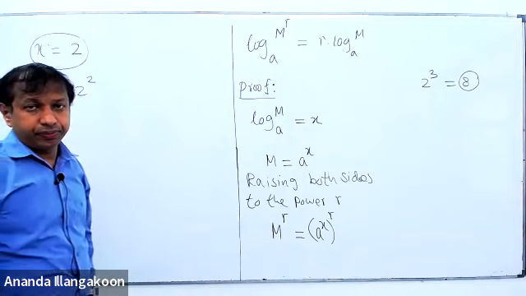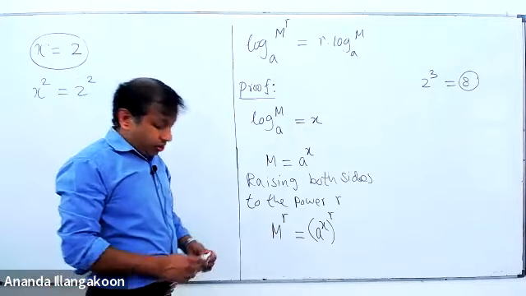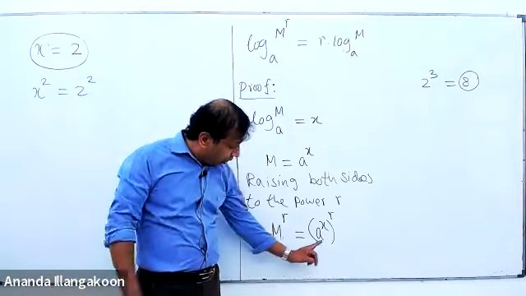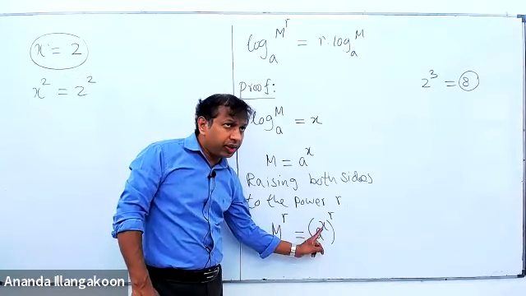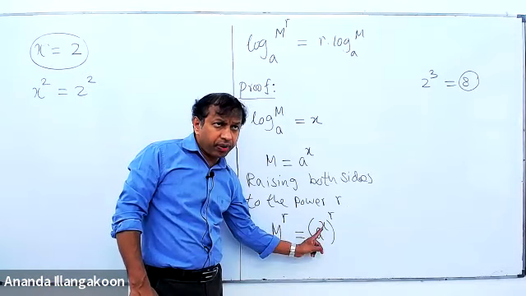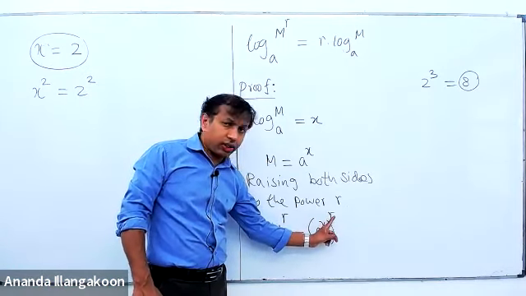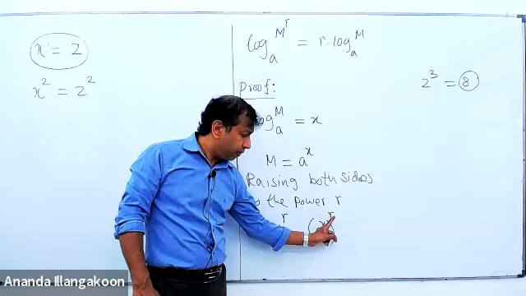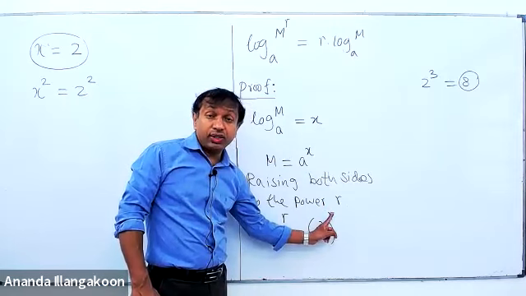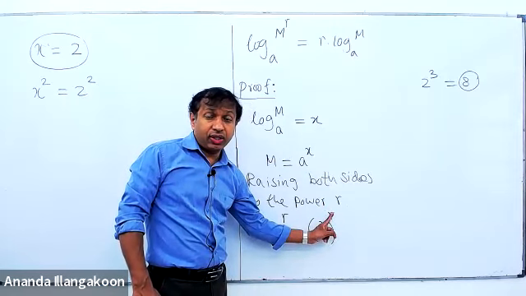Now on the right hand side, inside the bracket we have a power, and outside the bracket we have a power. Under index laws, we learned how to simplify this situation.